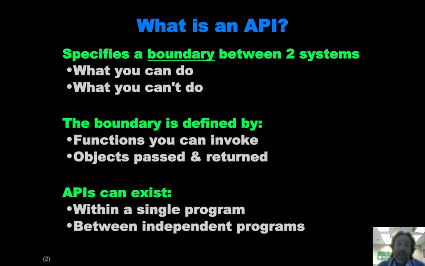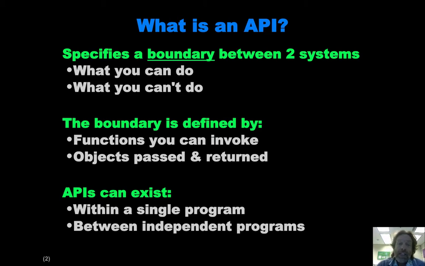And by boundary, what I mean is it's going to tell you what you have access to, what's allowed, what you can manipulate, and what you can't have access to or do or manipulate. That's an essential part of abstraction, and that's also a way that we create programs that are simpler, because by defining boundaries and specifying things that you can't do or manipulate or know about, it requires you to understand less about that particular area of the program.